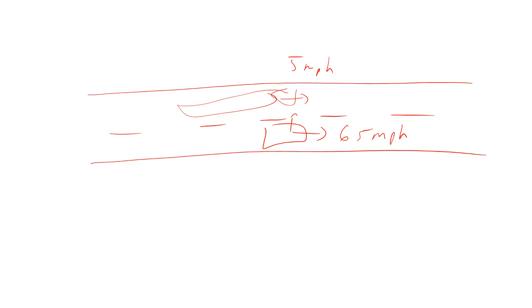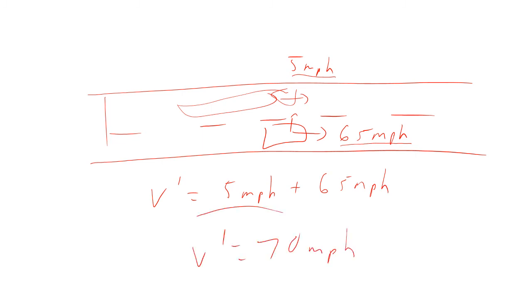Well, how fast is it really going? It's going 5 miles per hour relative to you, and you're going 65 miles per hour. So the actual speed of that thing relative to the road is 5 miles per hour relative to you plus you going 65 miles per hour relative to the road, so that's 70 miles per hour. Of course, you already knew that.